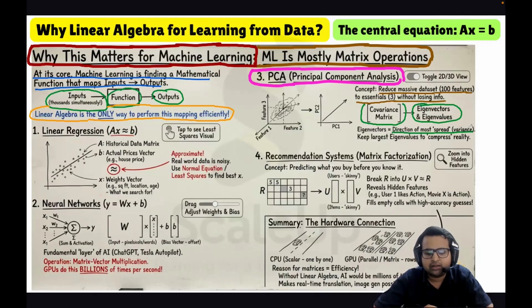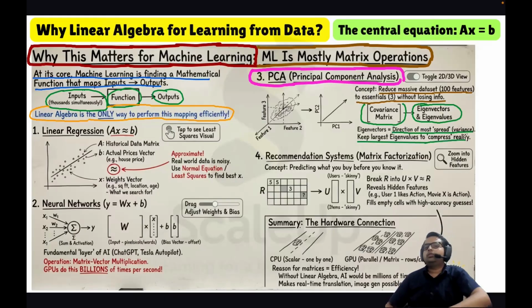By keeping only the vectors with the largest eigenvalues, you effectively compress the reality of the data into its most essential parts. Keeping the largest eigenvalues, you can eliminate the other eigenvalues. You can get rid of unnecessary features and transform hundreds of features into the essential 3 or 4 features without losing information. And that is what principal component analysis is all about.